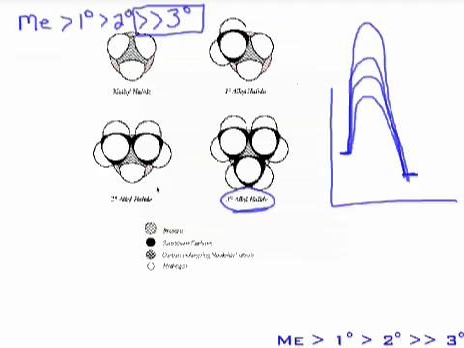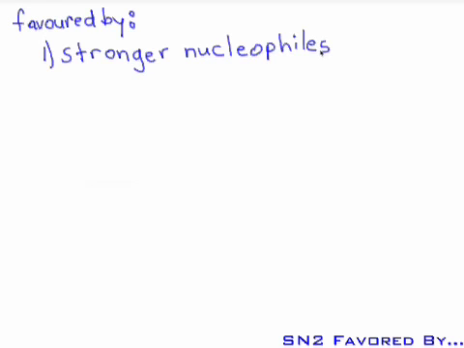Now, the last point is that this reaction is favored by stronger nucleophiles. Stronger nucleophiles come in quickly. Because they come in quickly, this will prevent alternative mechanisms from happening.